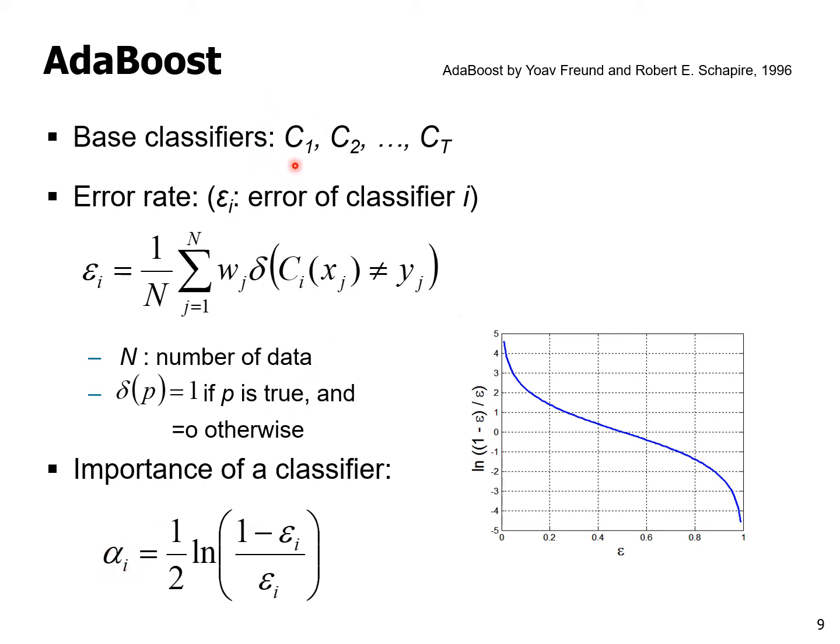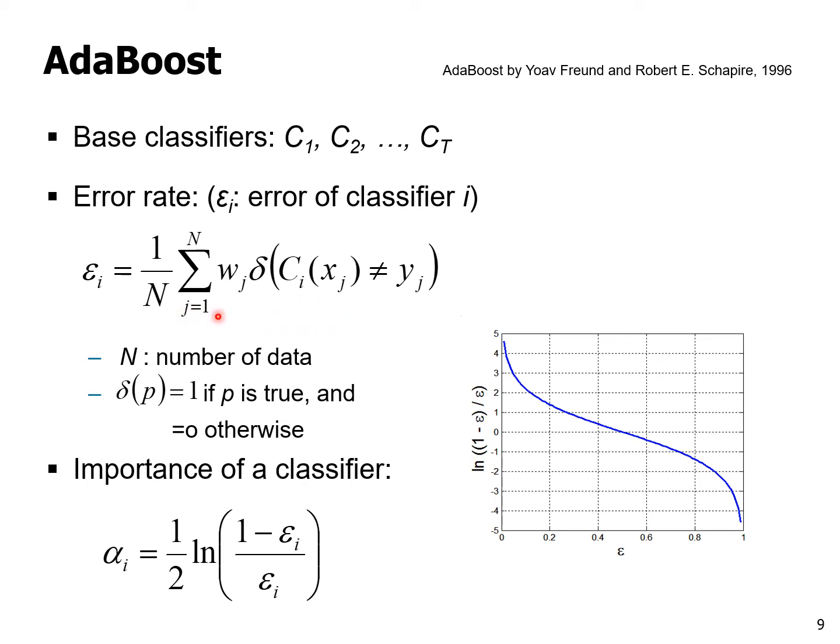So let's say we have classifiers, and let's say e_i is the error of classifier i. Then the definition of e_i is given as this.